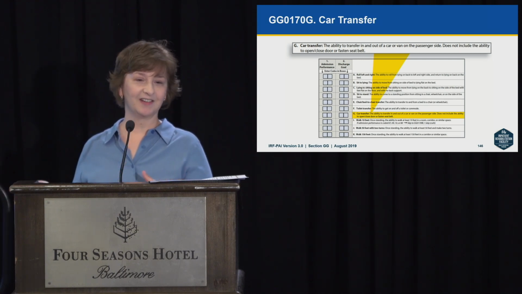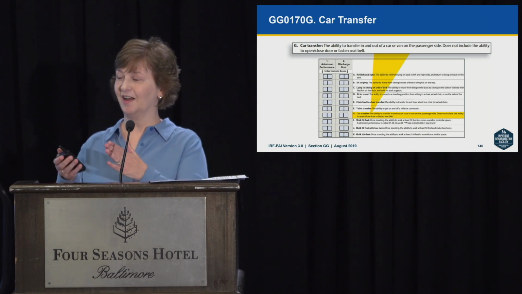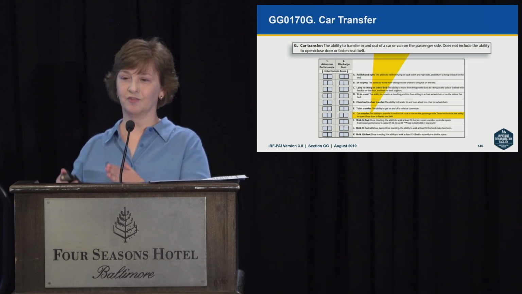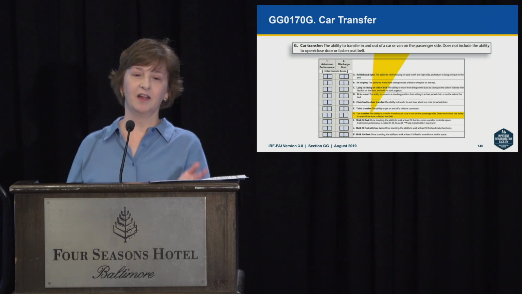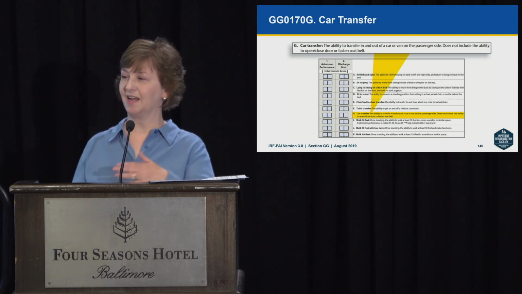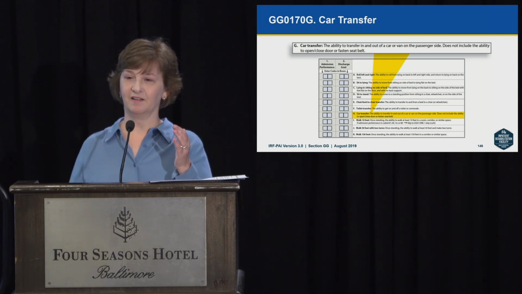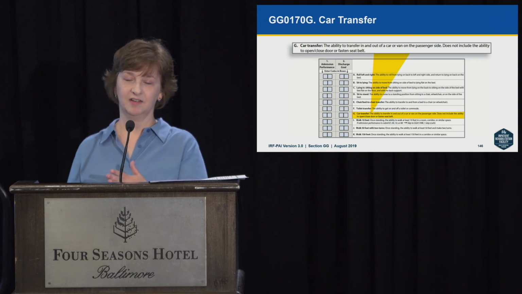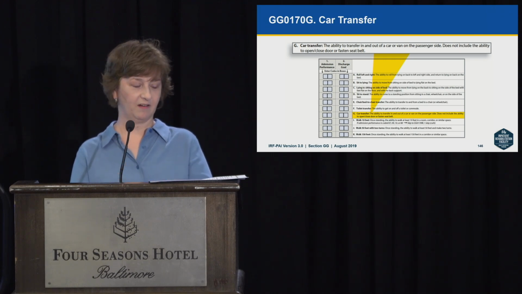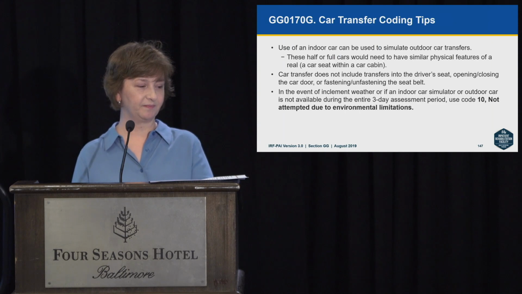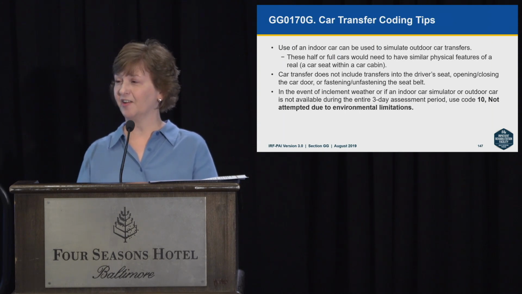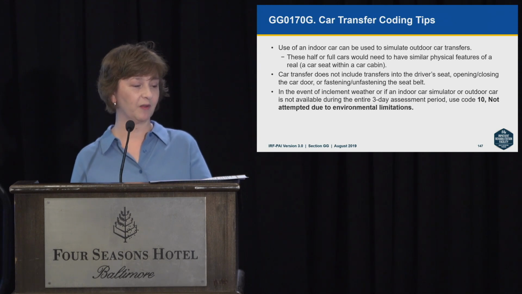That's not considered. Again, it's just really once the person is close to the car or the car simulator and the person's ability to get into the car on the passenger side and to exit the car on the passenger side. So we do have a fair number of coding tips in the manual related to car transfers, so I just wanted to go over some of those.